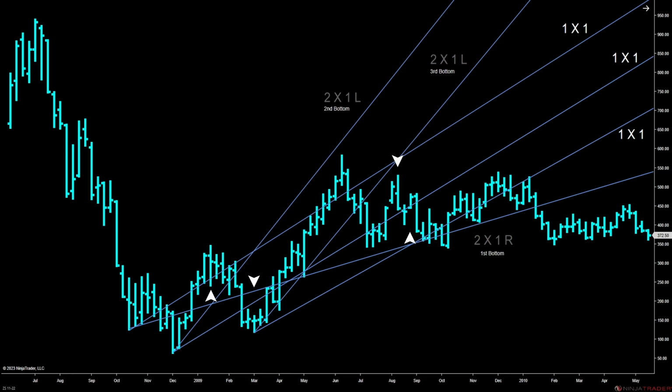Let's look at some turns. Not bad. Notice the trend channel created by the 2 times 1s from the second and third bottom. Right here, second and third creates a trend channel. We come up, we break into that channel, and it remains in there for quite a while, several months.